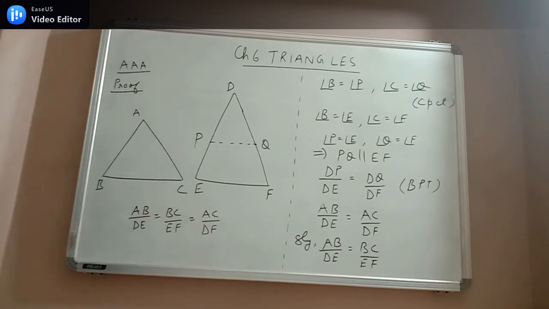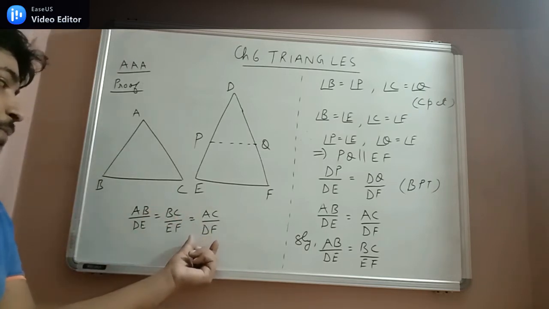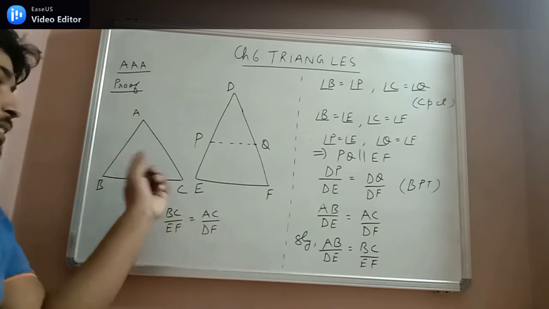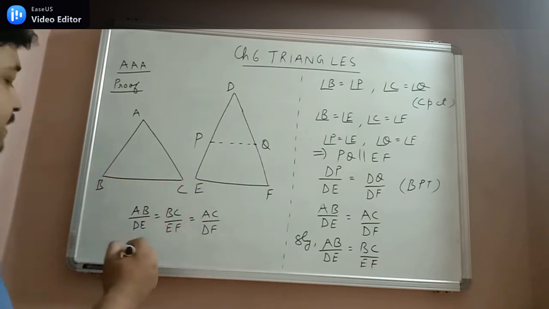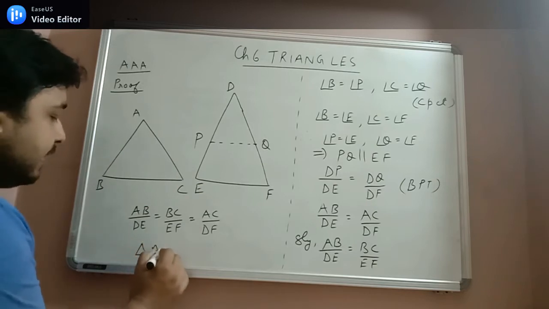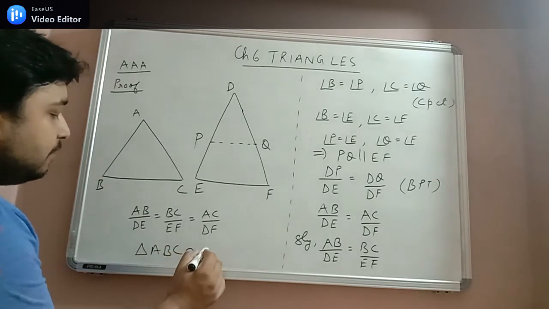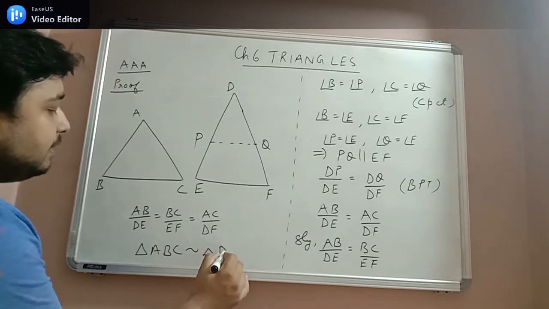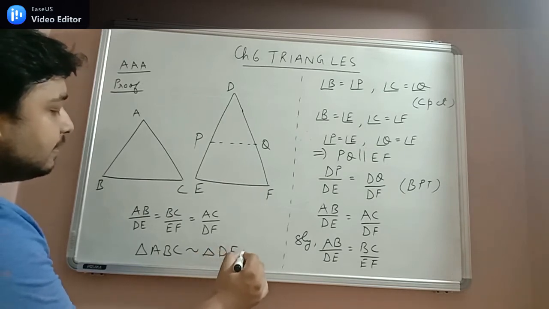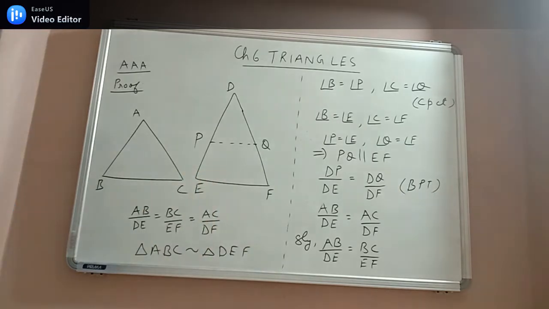So we were able to prove that the corresponding sides are proportional, and hence we can say that triangle ABC is similar to triangle DEF. I hope this proof is clear to everyone. You may pause the video, understand it, and then note it down.